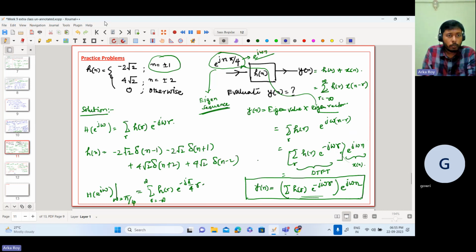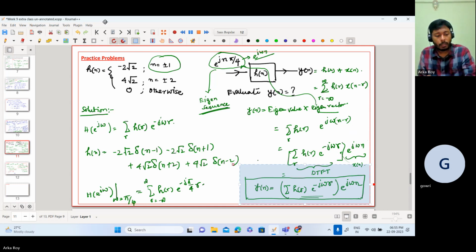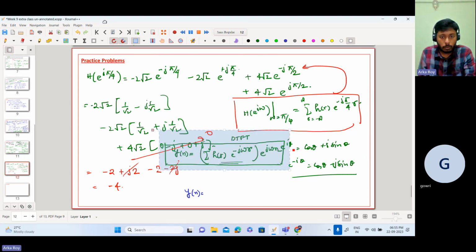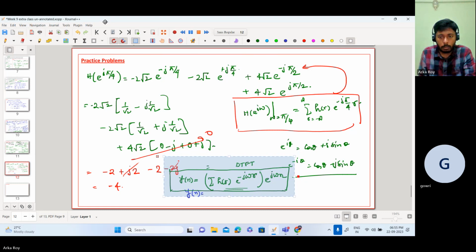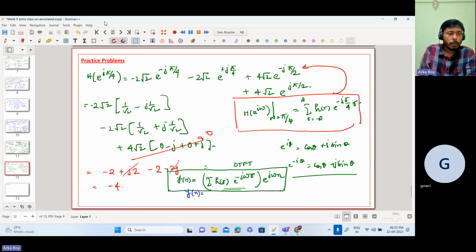The governing equation for y n was this one. Let me copy this part and place it over here, so the governing equation is this.